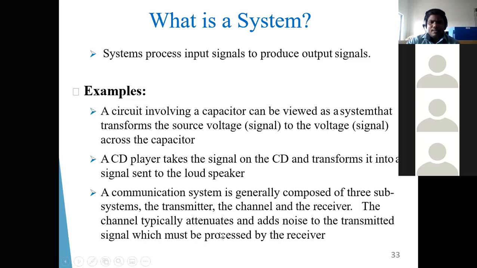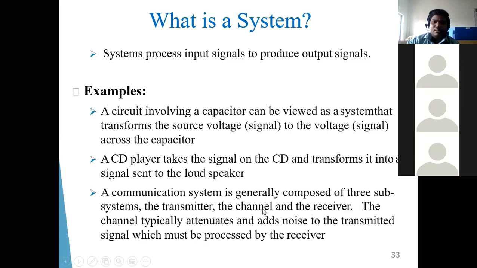The channel typically attenuates and adds noise to the transmitted signal, which must be processed by the receiver. So this is the communication system. In the practical view, some noise signals get added because there is a channel in between the transmitter and receiver.